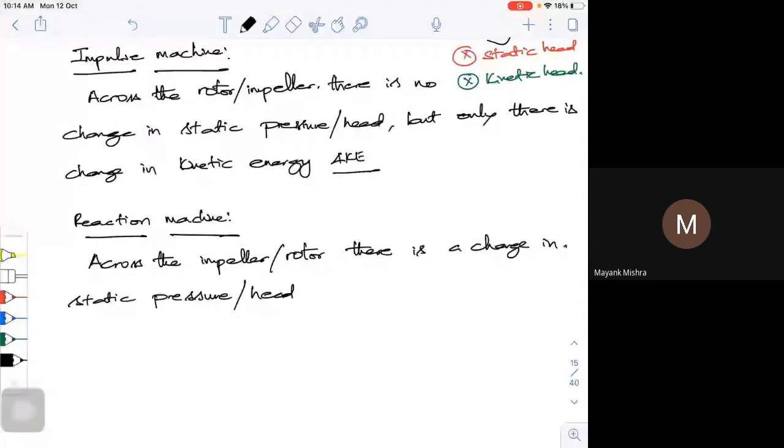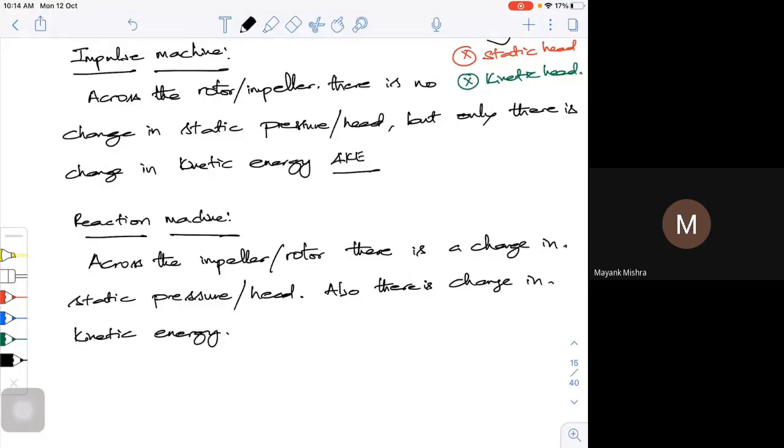But what will happen to your kinetic energy? There is also a change in the kinetic energy. That means in an impulse turbine, it is only because of the kinetic energy, only the change in your absolute velocities.